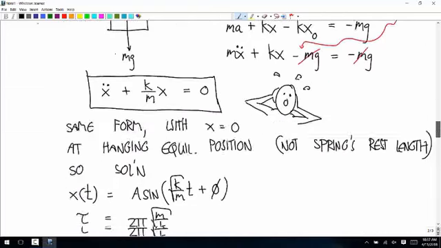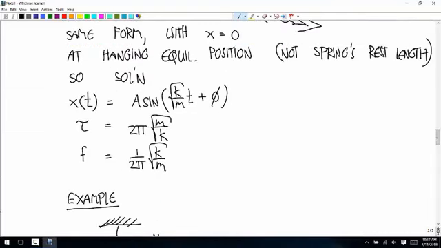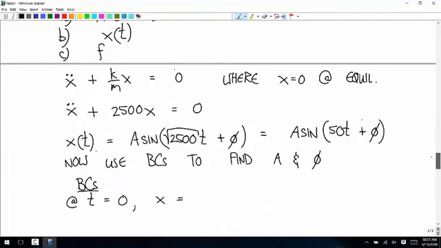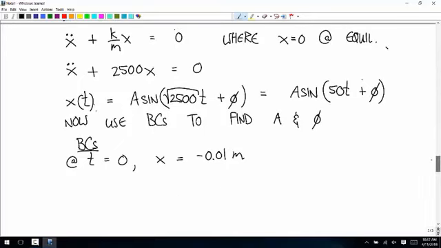So x is equal to negative 0.01. And we're releasing it from rest. So also at time equals 0, x dot is equal to 0.